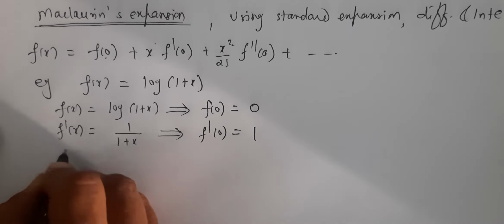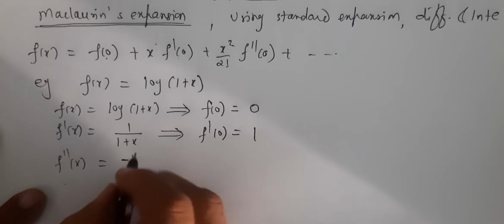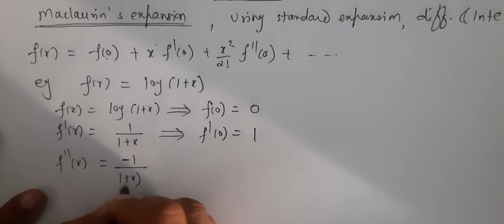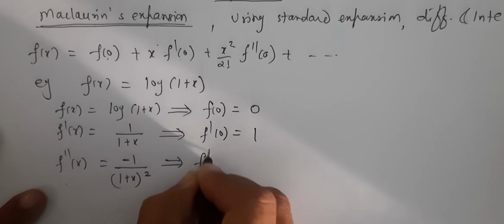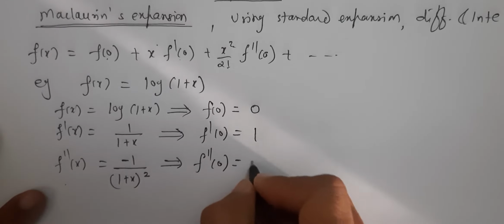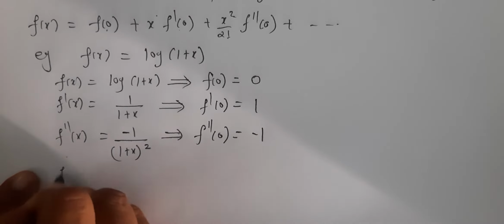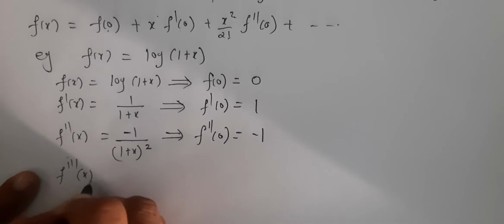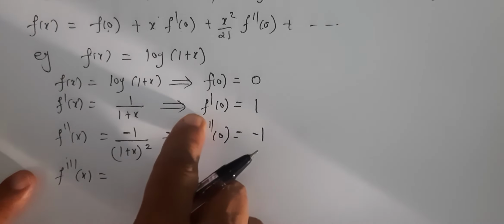Second derivative will be minus 1 upon 1 plus x whole square. So the second derivative at 0 is going to be minus 1. Let's go for one more derivative, the third derivative, and you can say it is 1 plus x raised to minus 2.